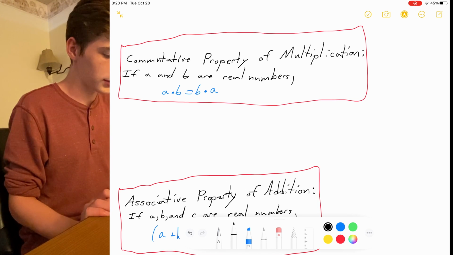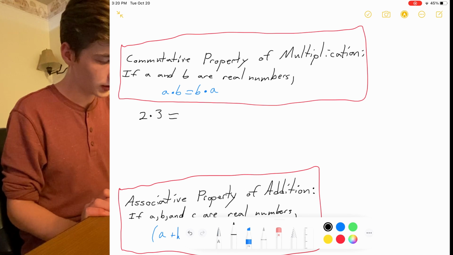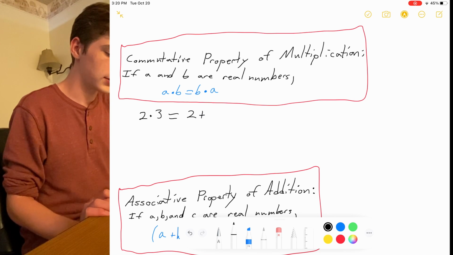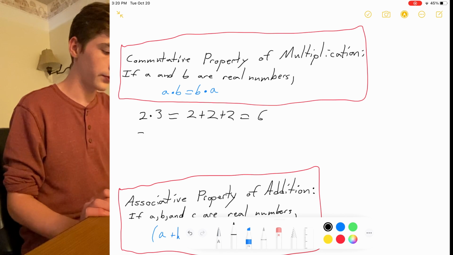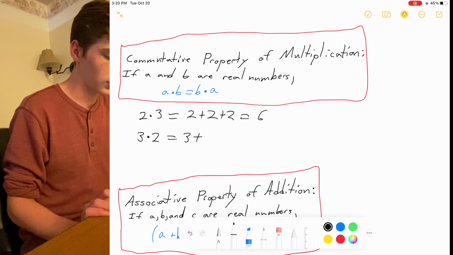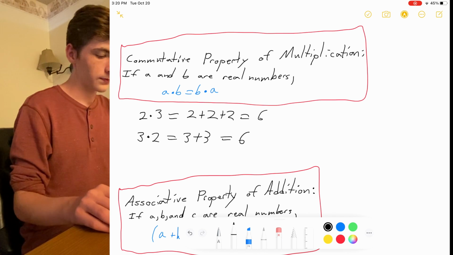We can demonstrate this again with our 2's and 3's. 2 times 3, if you think about that as adding 2 three times, 2 plus 2 plus 2, is going to be 6. If we do 3 times 2, that's 3 plus 3, two 3's, and that's still 6.